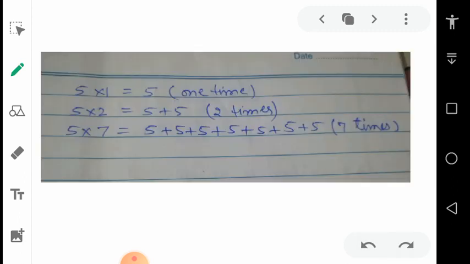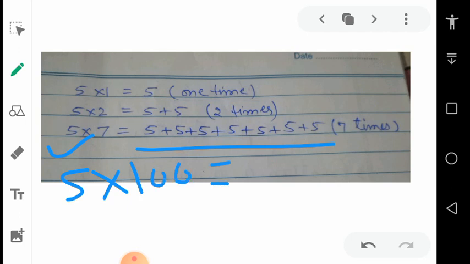Okay, here see the last statement: 5 sevens are 35, and I added 5 to itself 7 times. No problem, it's easy to write 7 times, but suppose this is 5 multiplied by 100. Would you be able to write 5 one hundred times?